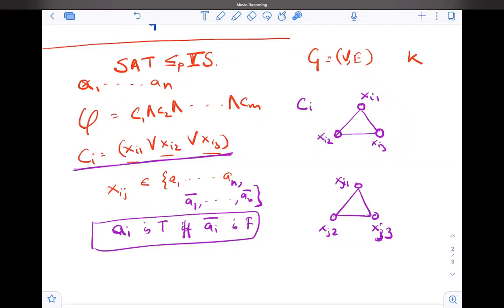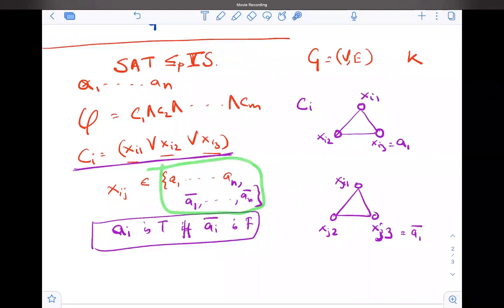Very good. Now the other thing you do is, say this vertex equals A1, and say this one equals A1 complement. Can both of them be in the independent set? No, correct. Ideally, the independent set should look like the set of literals that is being satisfied.